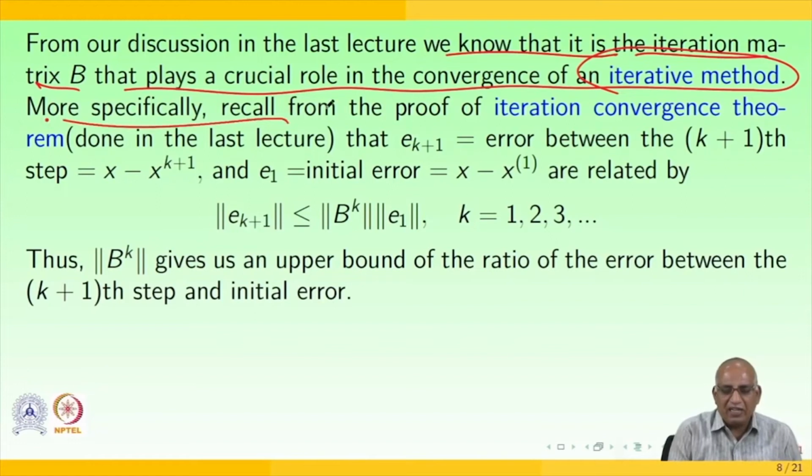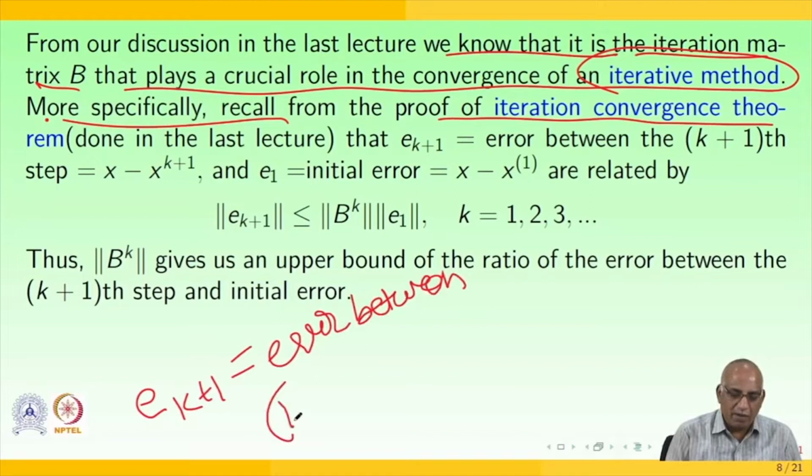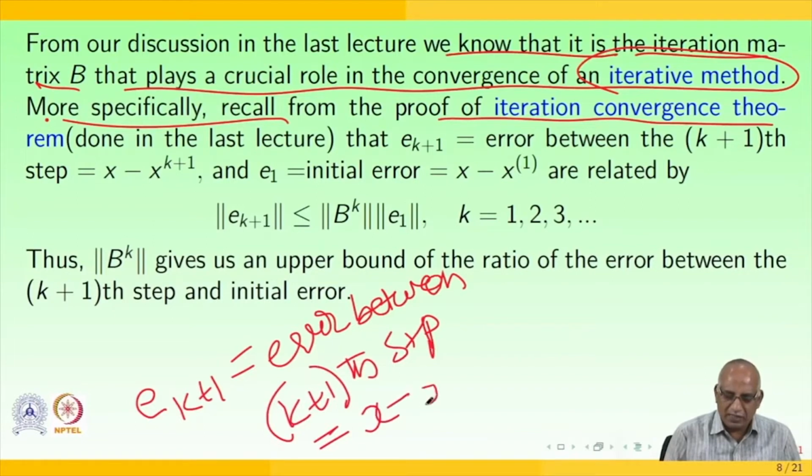More specifically, from the proof of iteration, we can write E of k plus 1, the error at the k plus 1th step, as x minus x of k plus 1.